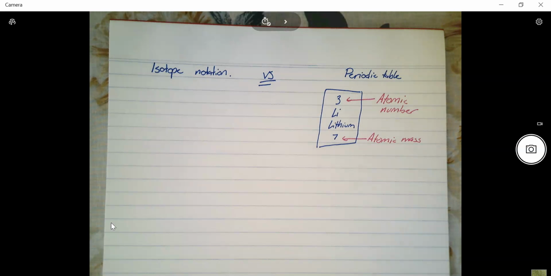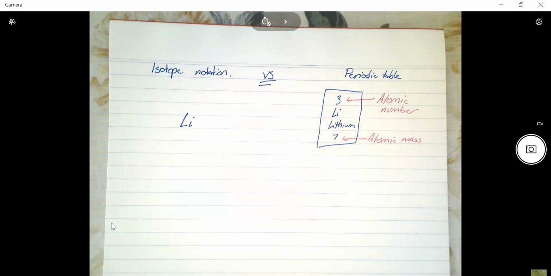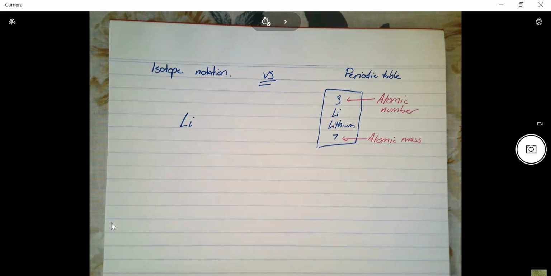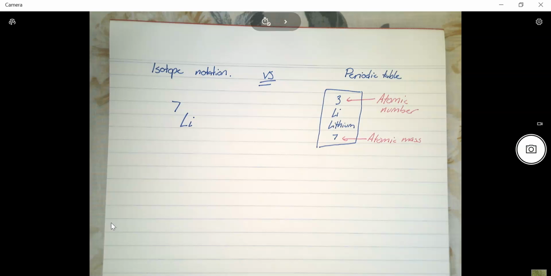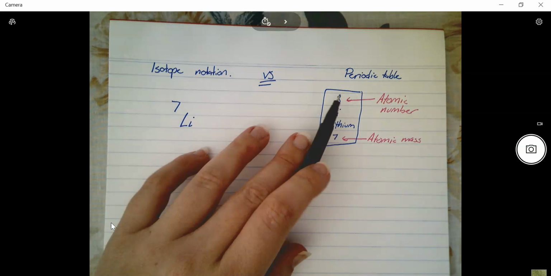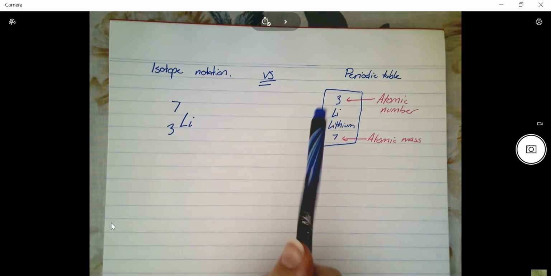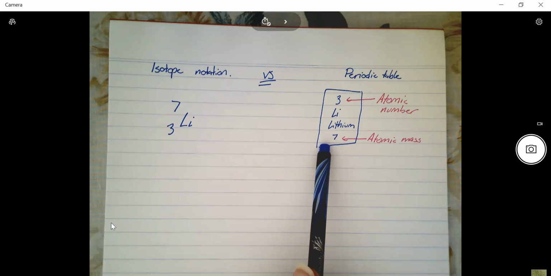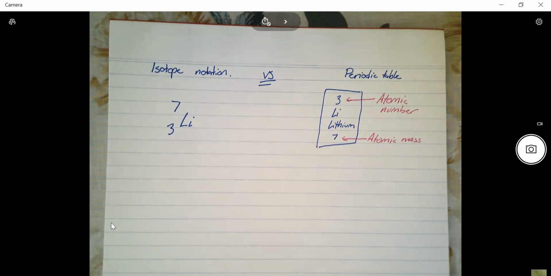With isotope notation, what scientists do is write the element symbol, and then over here up the top, they write the mass, so the atomic mass, which is the 7, and then down the bottom they write the atomic number. It's just a different way of writing what's on the periodic table. Some scientists actually prefer this version.